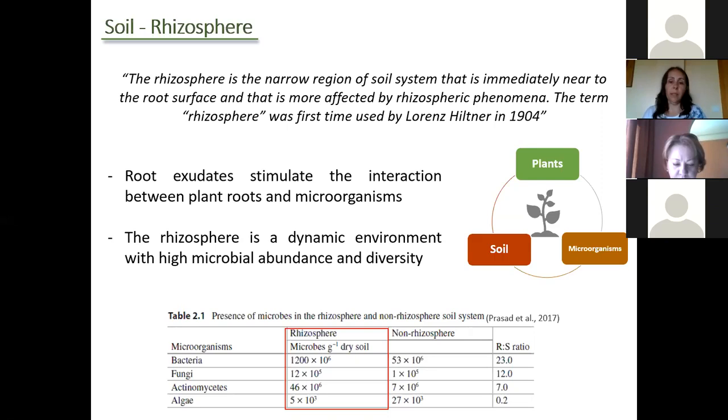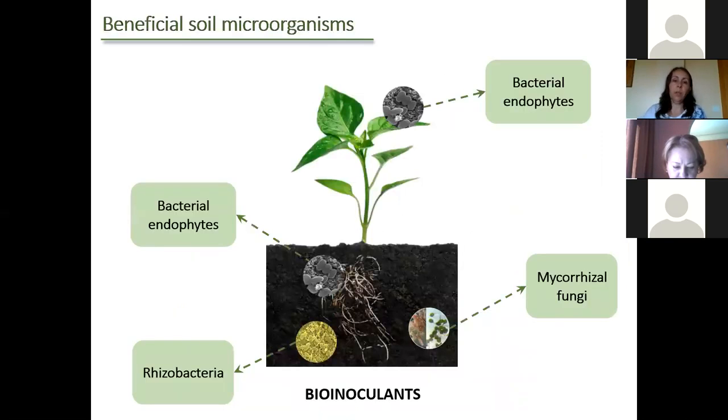And as you can see, the abundance is higher in the rhizosphere than in non-rhizosphere soils. And that's why this is important, because we can collect some beneficial microorganisms from the rhizosphere. Here we can obtain mycorrhizal fungi from the rhizosphere and also rhizobacteria.